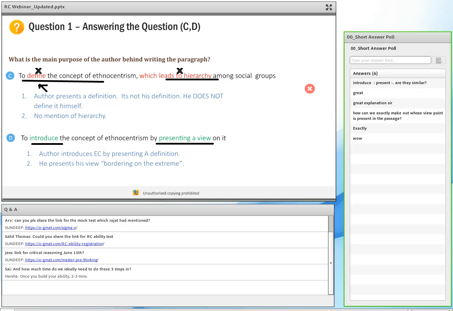And one of the things that's really important when you look at GMAT RC, a lot of you were talking about timing over here, is something which is going to become more and more apparent. When you read slowly, you focus on understanding the meaning of words. And when you read more and more of GMAT RC using this methodology, a lot of those meanings start to come up automatically.